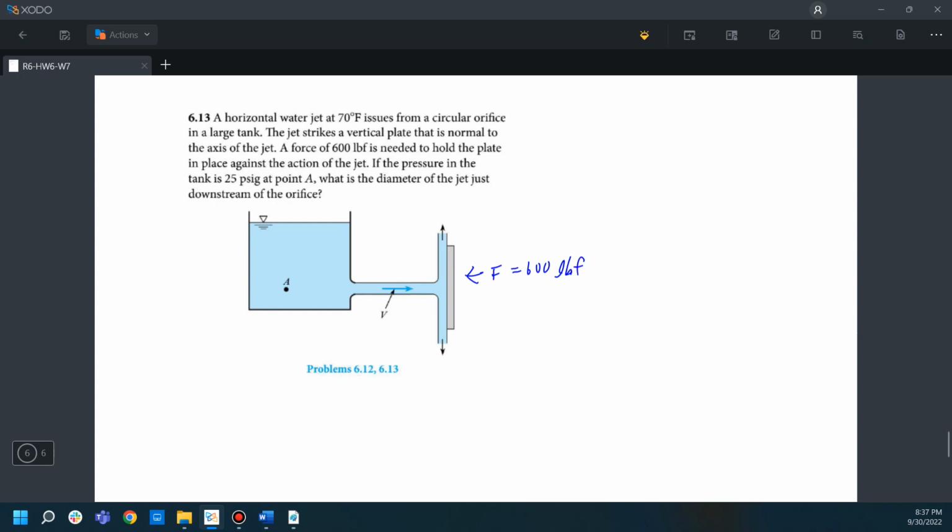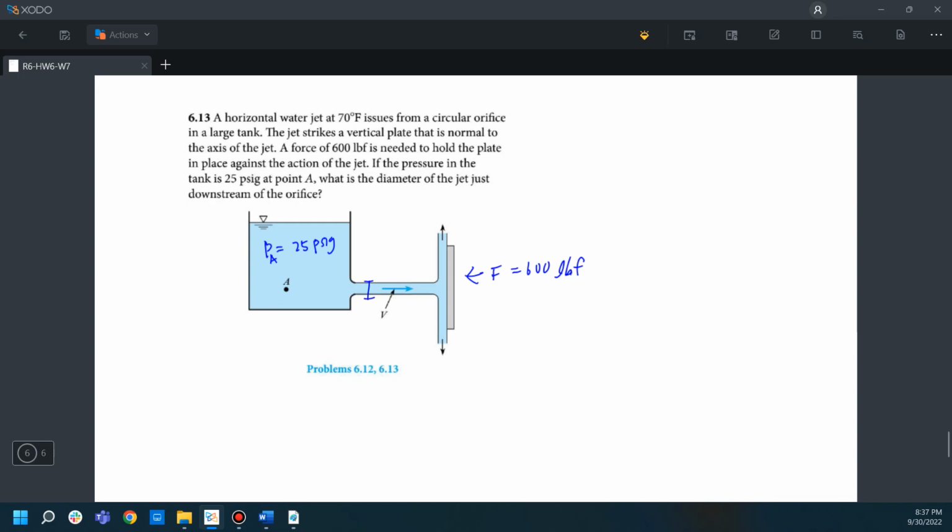Okay, let's write this condition down first. Against the action of the jet, if the pressure in the tank is 25 psig at point A, what is the diameter of the jet just downstream of the orifice?